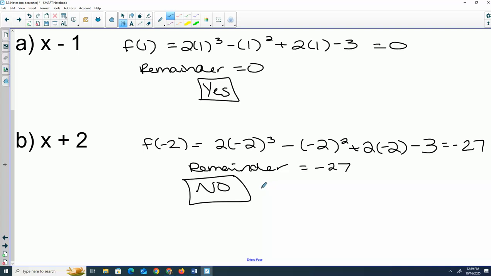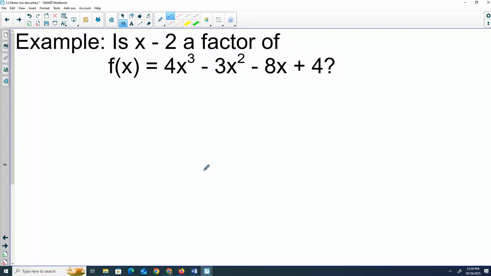I'm going to put one more up and I want everybody to try it on their own. I want to know if x minus 2 would be a factor of this polynomial. Plug in 2. It's always what would make the x minus 2 equal 0.